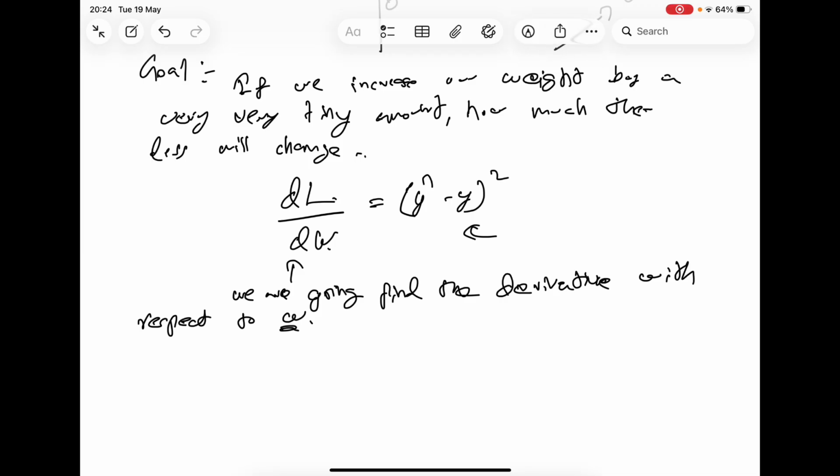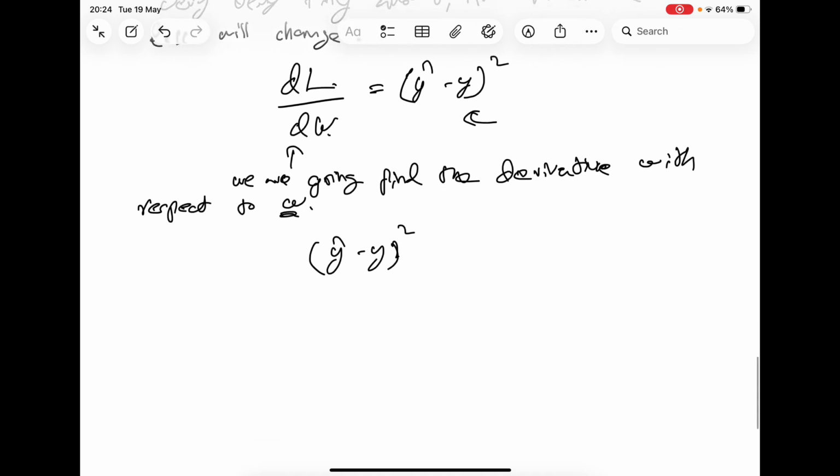As you can see here, (y hat minus y), we cannot directly see a connection with w, right? But in order to find the derivative, we need to somehow find the connection with w.